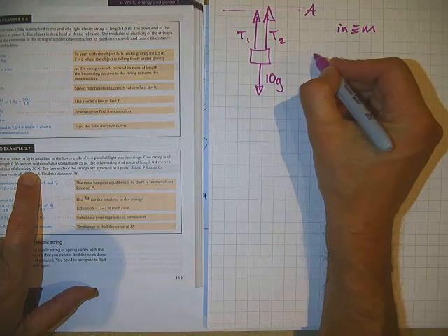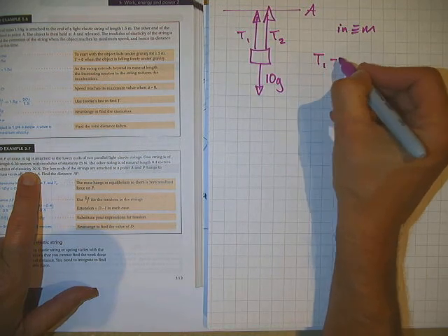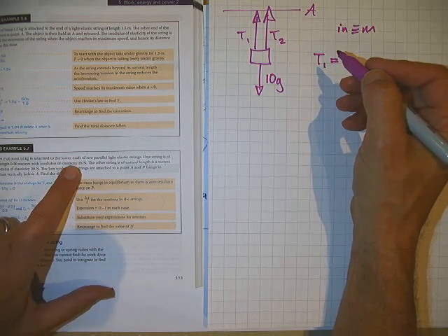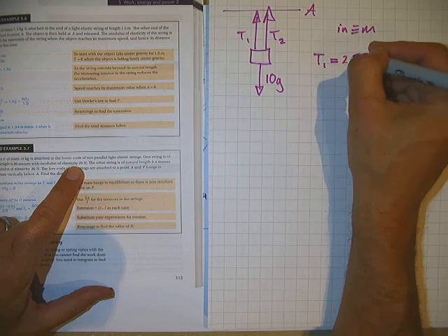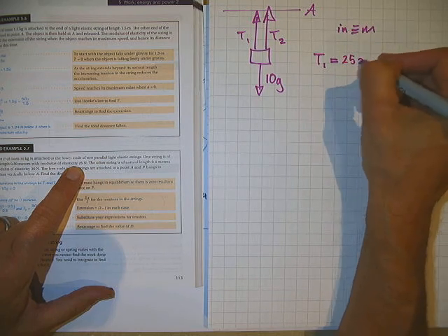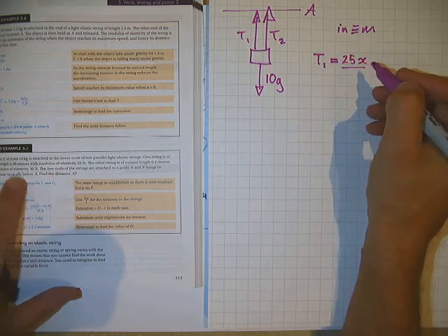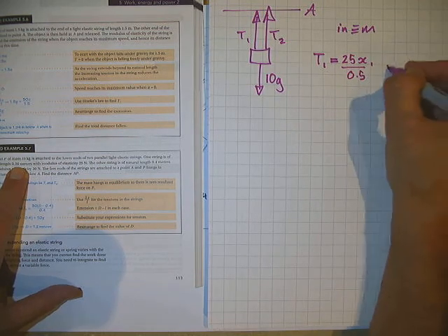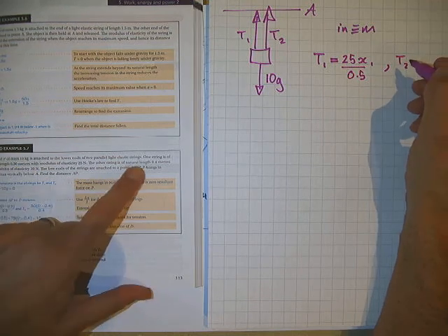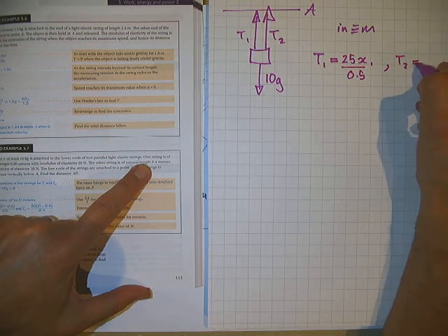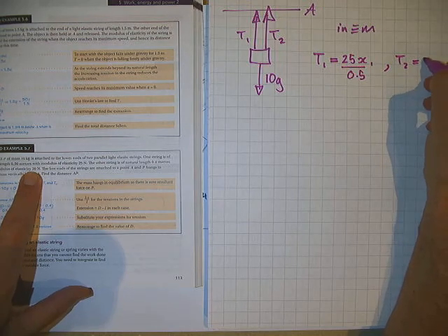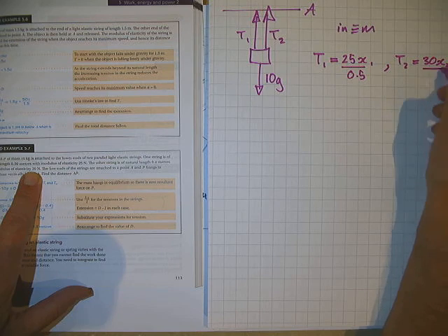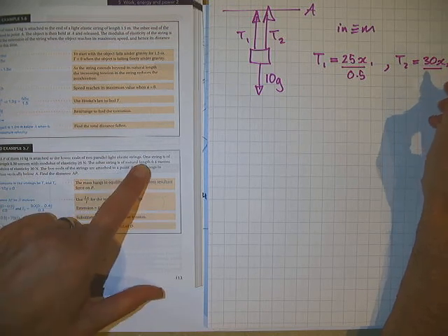So tension 1 is going to be 25 times the extension in that string over 0.5, and tension 2 is going to be 30, modulus of elasticity, multiplied by the extension in that string divided by 0.4.